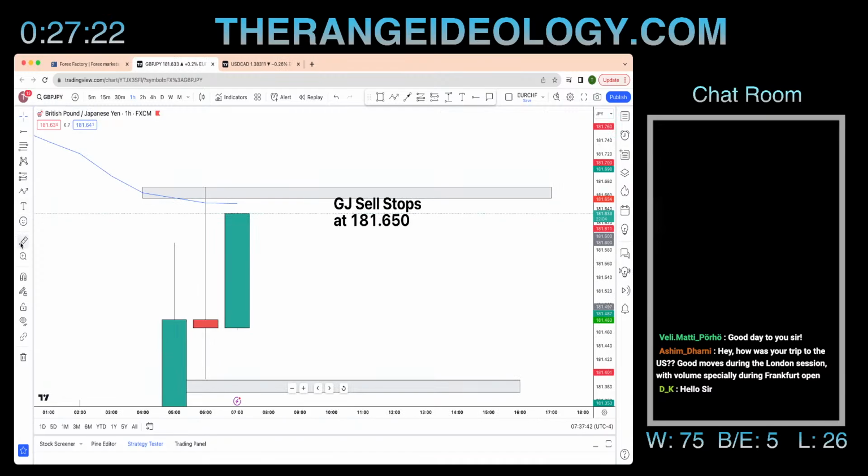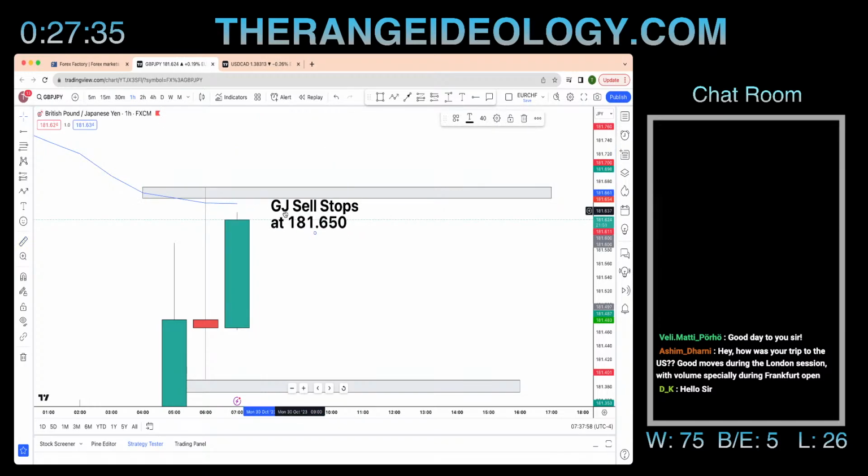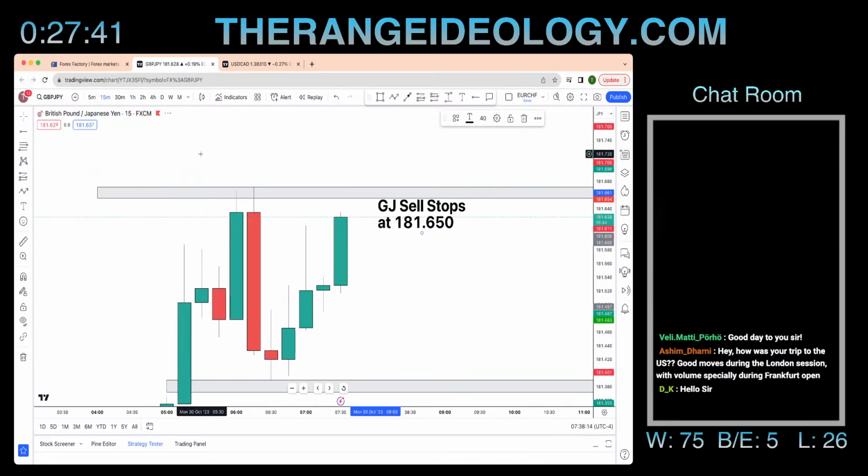So I'm looking for at least, yeah, 6 to 7 pips, up to 8 pips above. So between anywhere from 6 to 8 pips, I'll go ahead and set the sell stop. So yeah, 6 or more, I'll be certain to add these into the mix, sell stops.